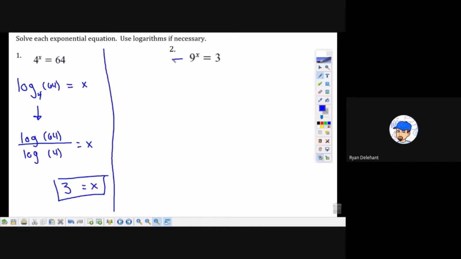But if we did this with the change of base, we would get log base 9 of 3 equals x, meaning that our x can be found with log of 3 divided by log of 9, which is going to be 1/2. I promise. So we can do it that way.